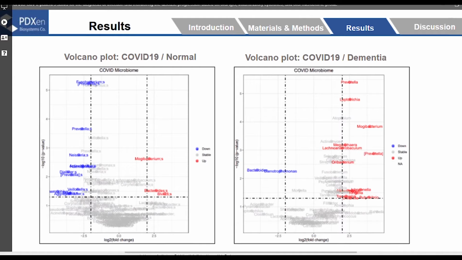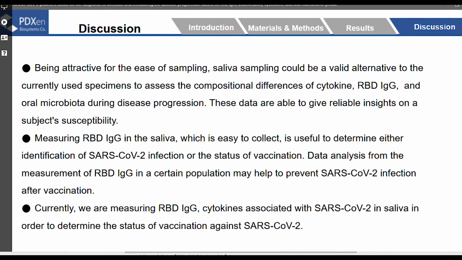We have age matching under the same conditions. So far, in younger people the oral microbiome data change, but in old people infection changes the oral microbiome. That data we are still examining.